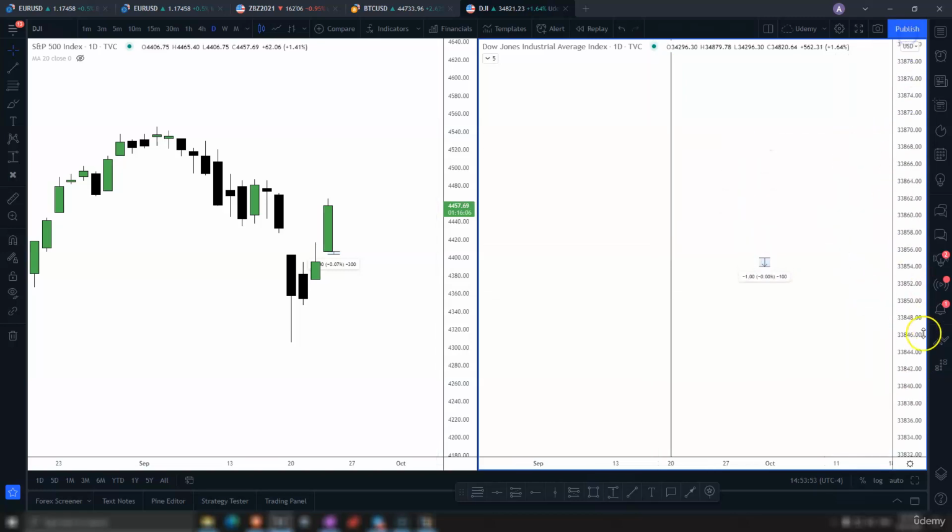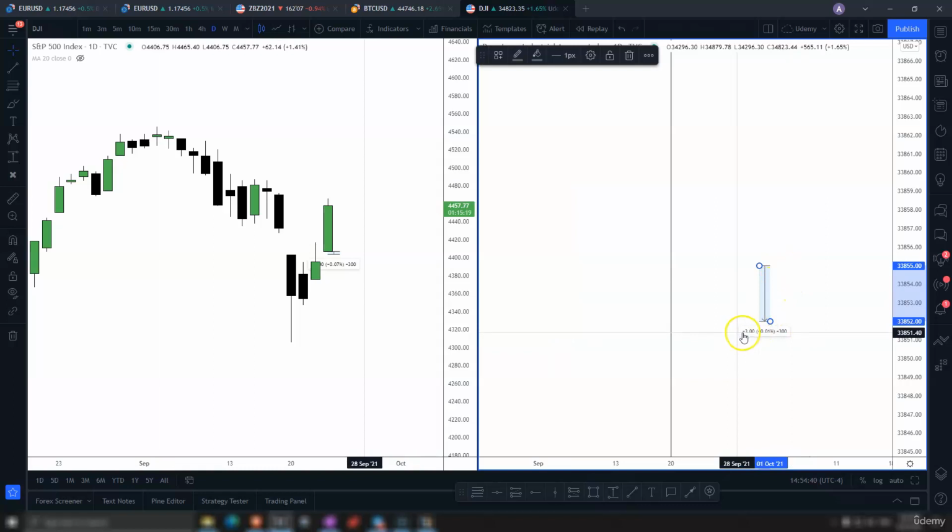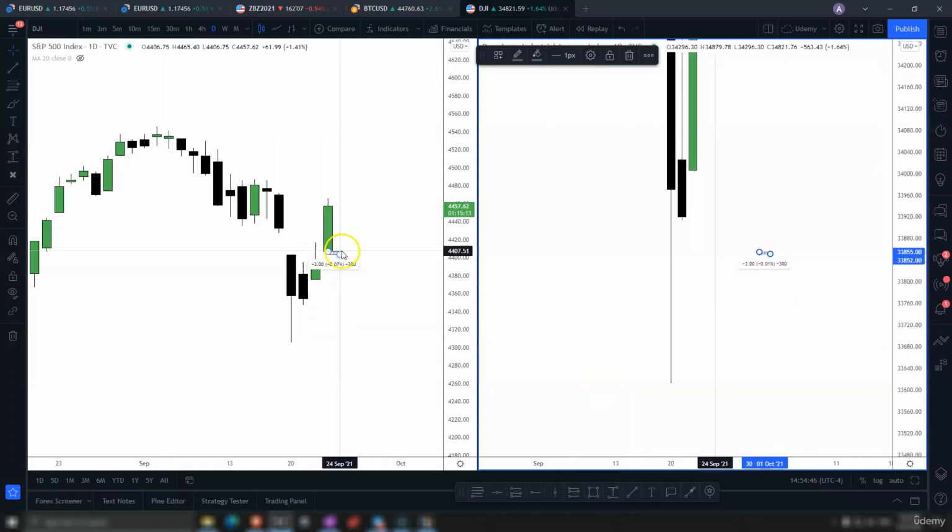So a point is way smaller than it is on S&P. That's why on the Dow Jones you want to use 5 or 10 points below the candlestick. So let's make these 3 points. This is 3 points. You see here -3 on the Dow Jones. Exactly like we did here.